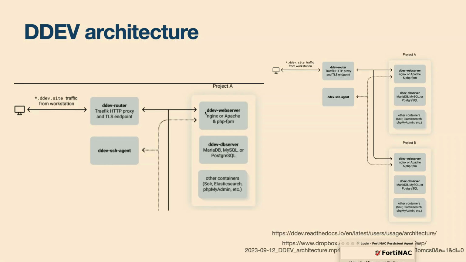By default it is the web server, database server, the router, and the SSH agent. The SSH agent and the router, you just get once every time you update DDEV. The web server and the database server, you get 1 per project. So if you're doing a Drupal project and a WordPress project, you're probably going to have a web server and a database server for each one of those.